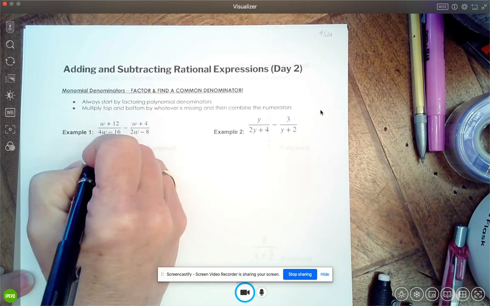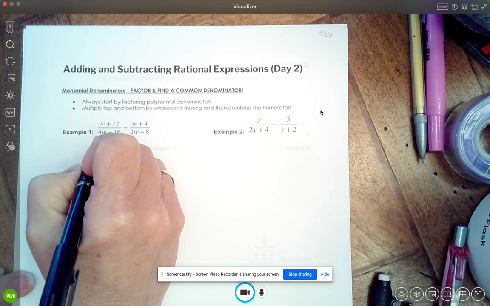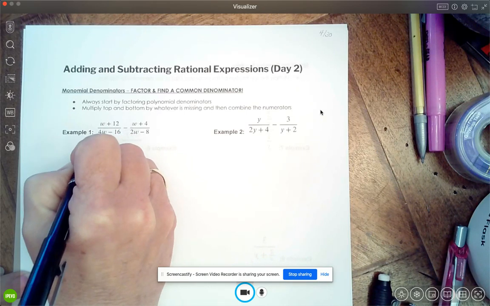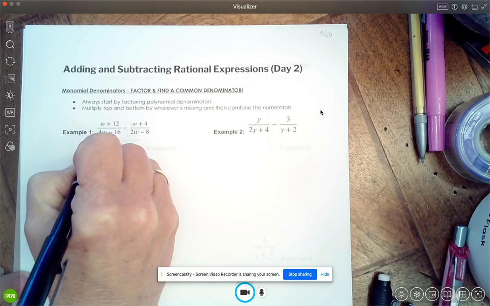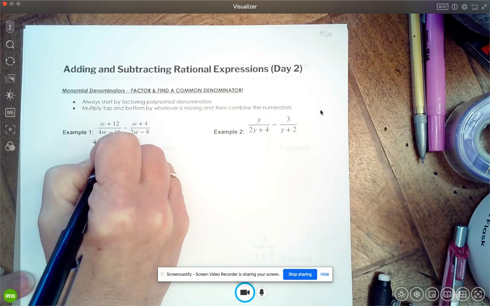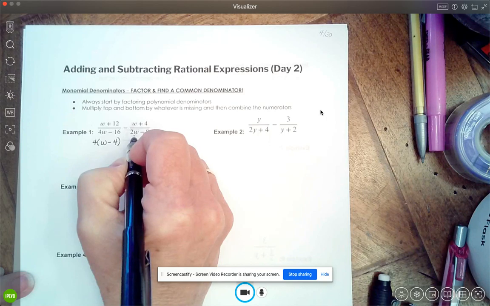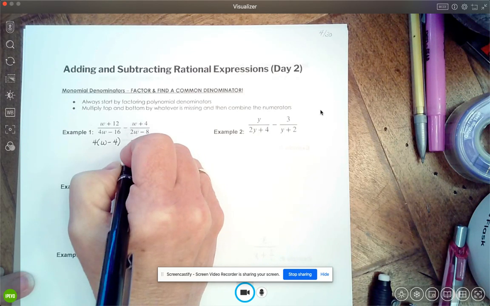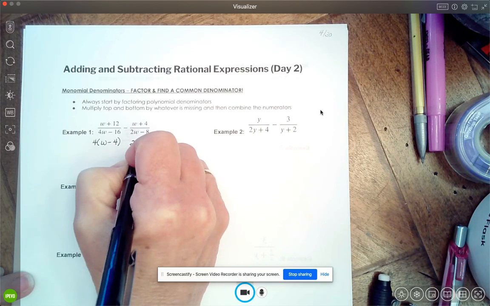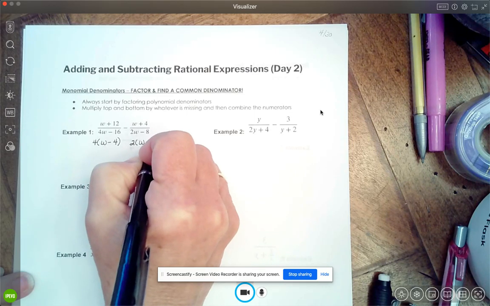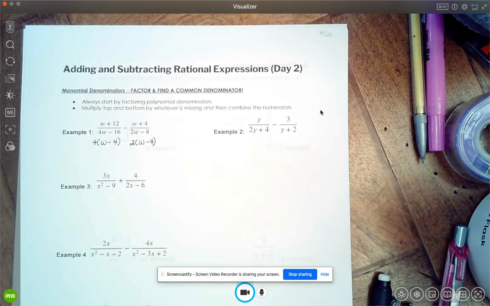So the first thing I want to do is factor my denominators completely. Here I can factor out a 4 and I have a w minus 4. In this expression over here, I can factor out a 2 and I have a w minus 4. So what I want to do is get a common denominator.